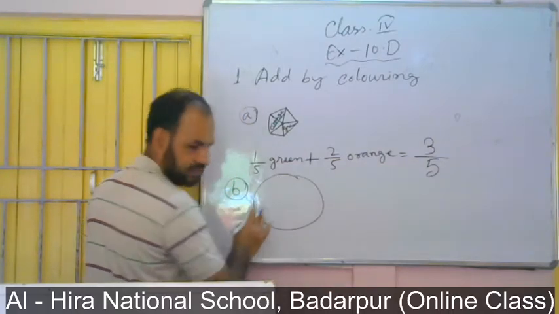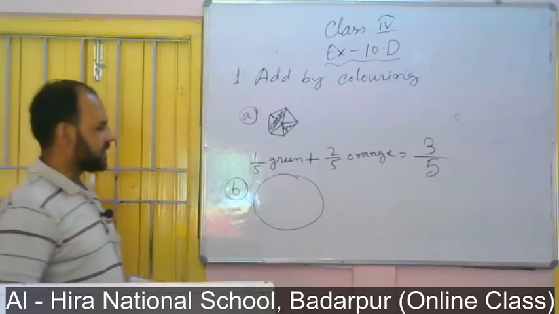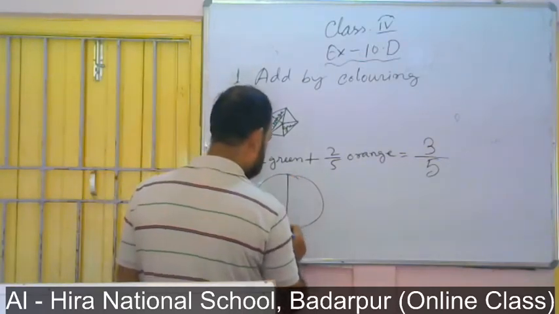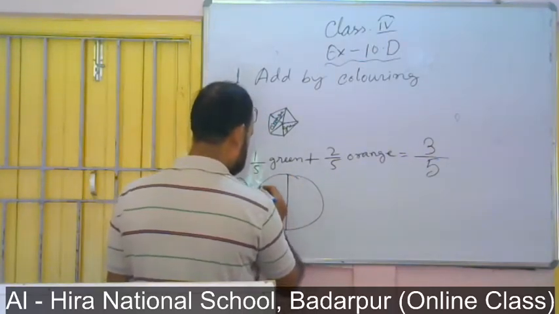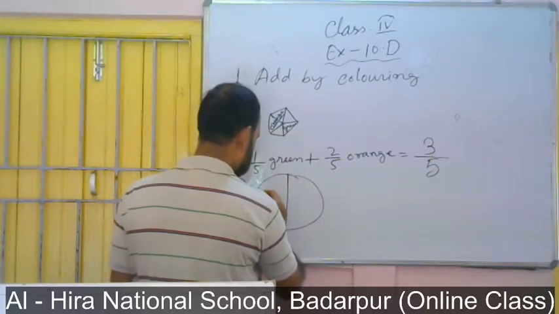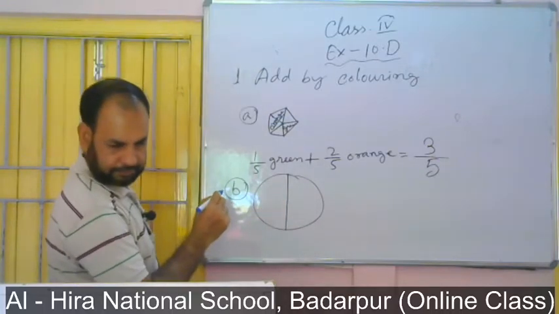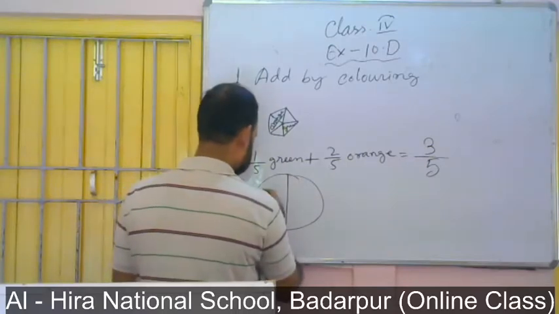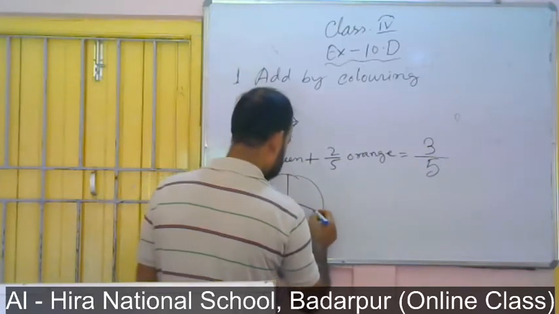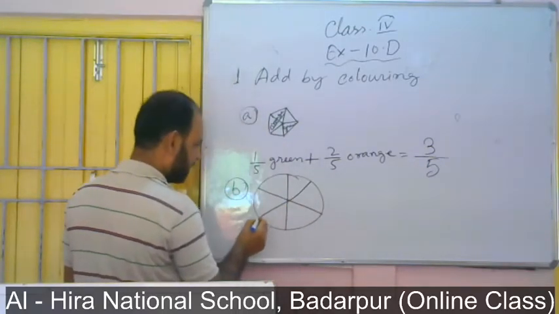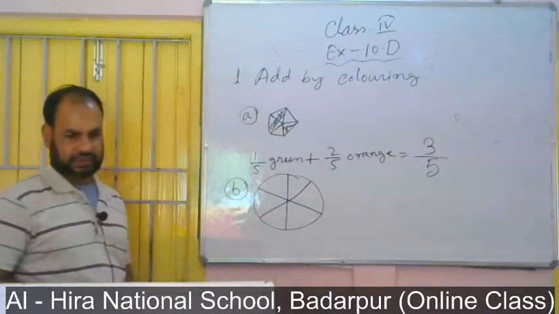Next, question B. One circle is divided into 6 equal parts.